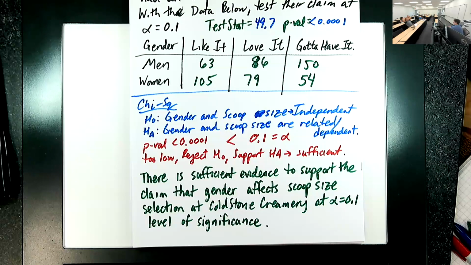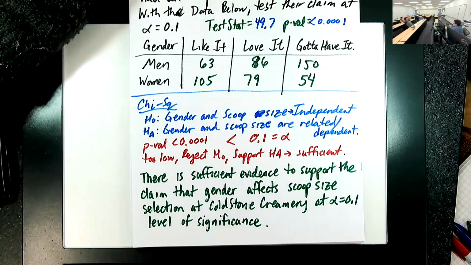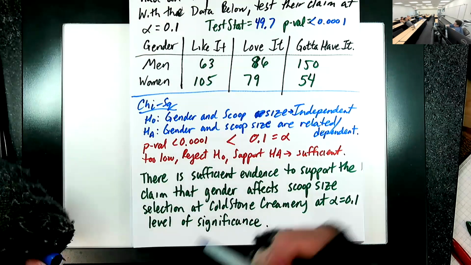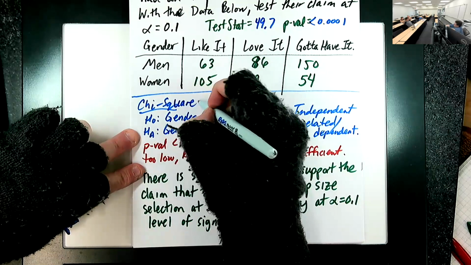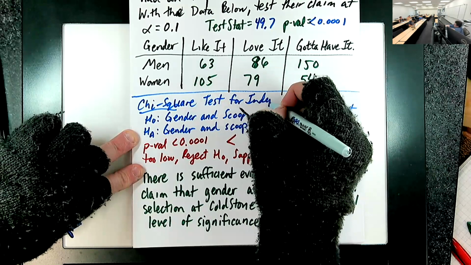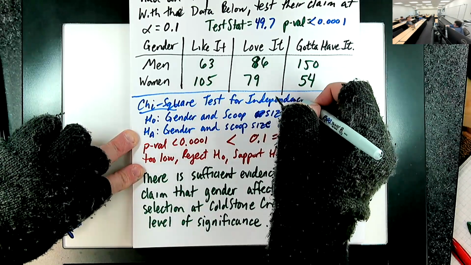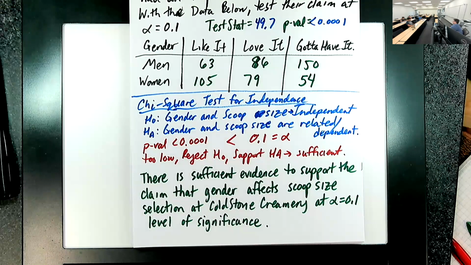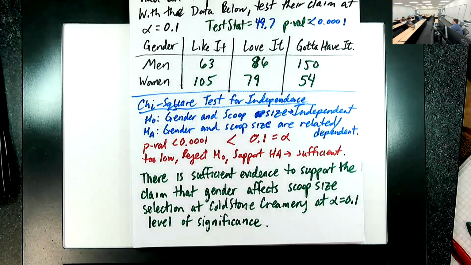So if you remember the full name of this test, chi-square test for independence, it gives you the name in it. Seeing as how we all just got done celebrating Independence Day this month, hopefully that word will stick in your head, but if it doesn't, I will take unrelated.